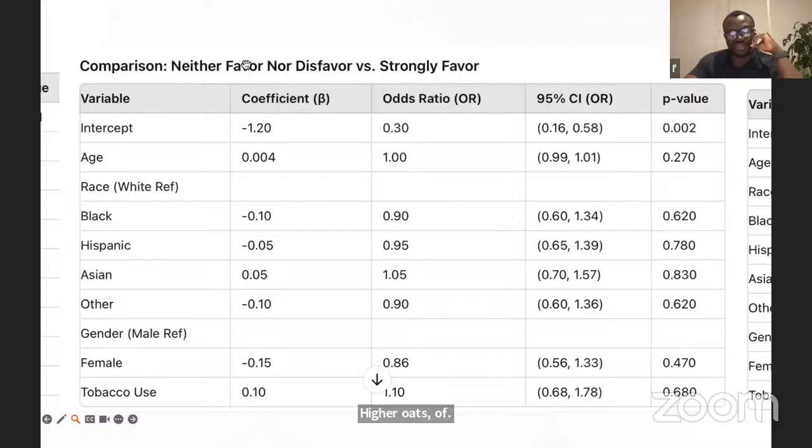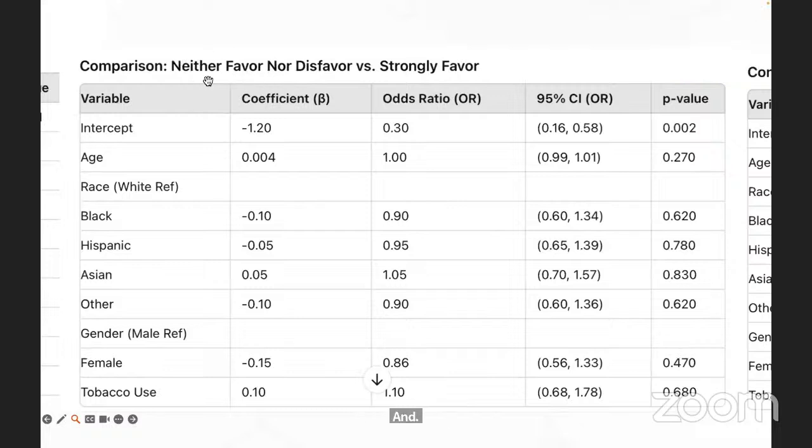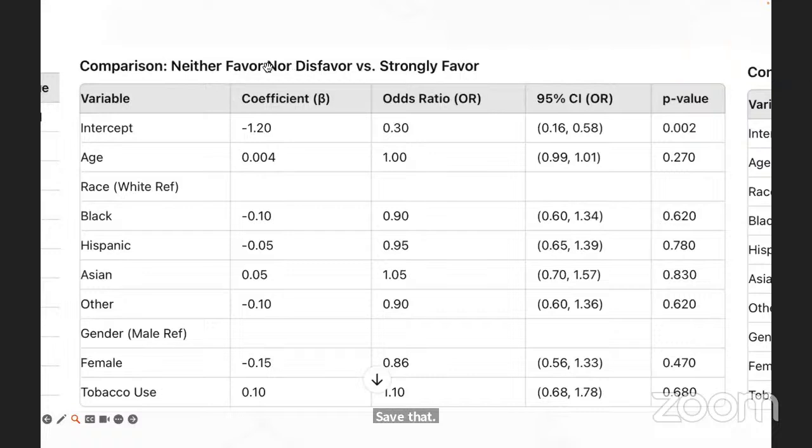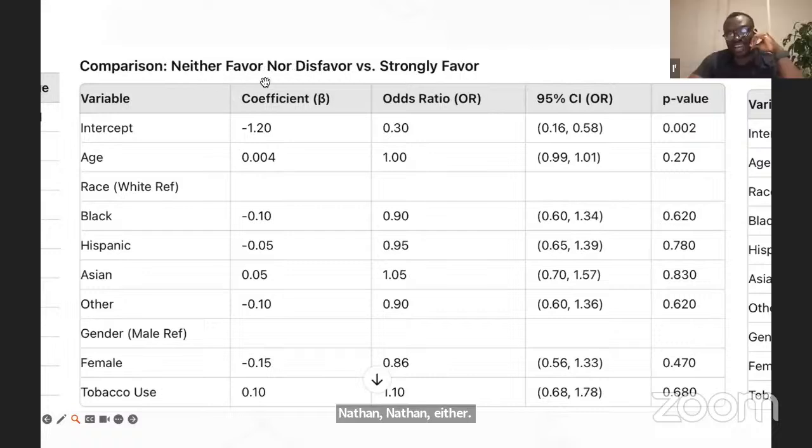And of reporting what? Of reporting to strongly favor the banning of smoking. Look at the table here. Look at the way I'm pointing, right? The comparison is what? Neither favor nor disfavor as opposed to strong favor, right? Exactly.